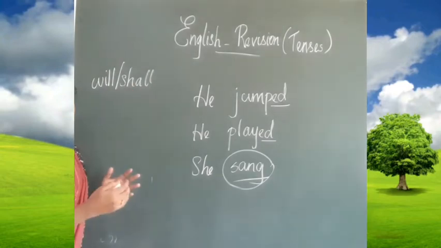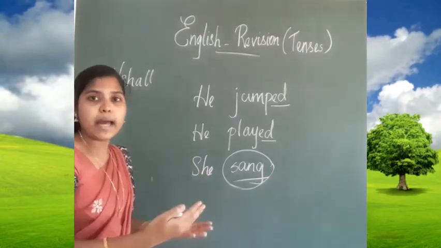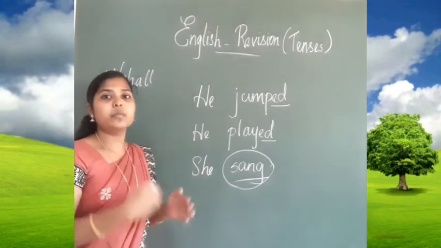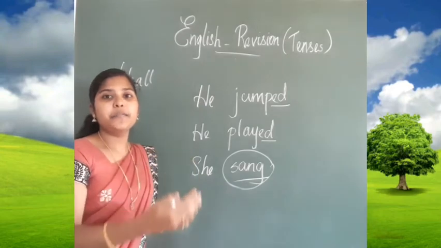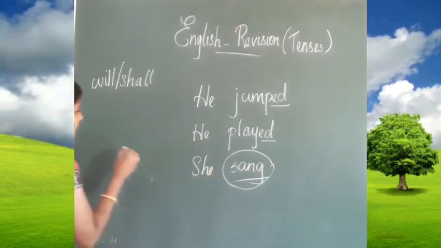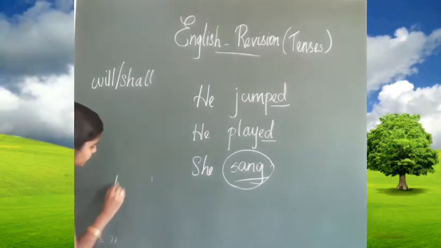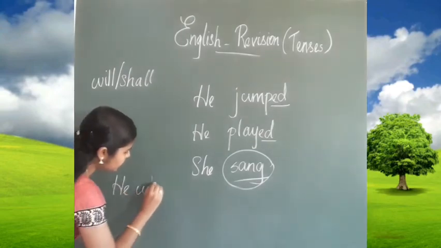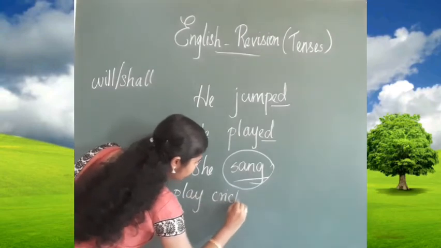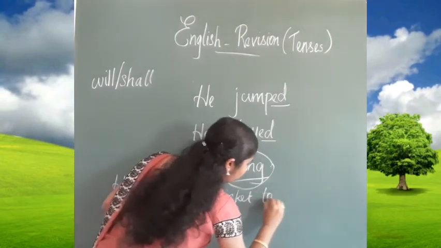So, for future, the activity which will happen not now, not in the past, but it will happen in the future. That is simple future. Future tense. Now, let me write an example. He will play cricket tomorrow.